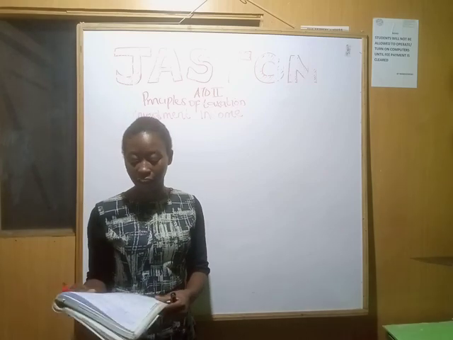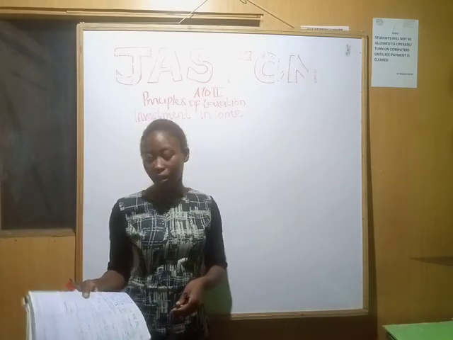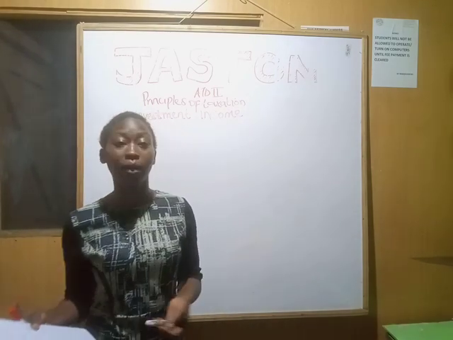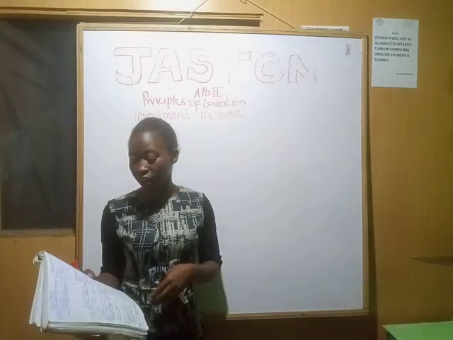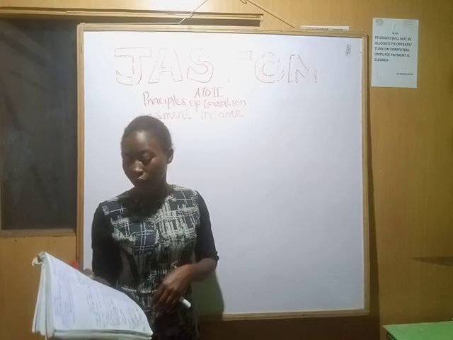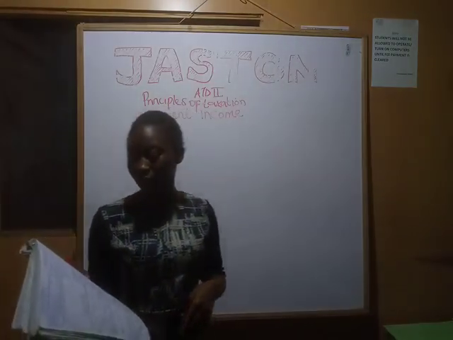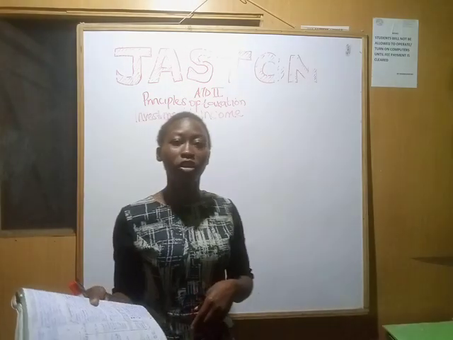So in the investment income, we have dividends. We know the dividends, which are the distribution, whether in cash or in property, and whether made before or during a winding up by a company to its members or the shareholders.